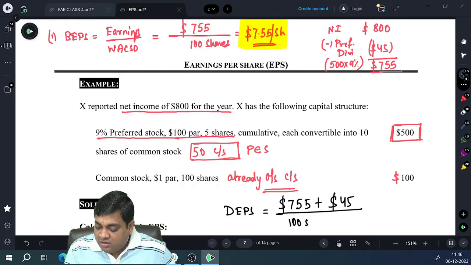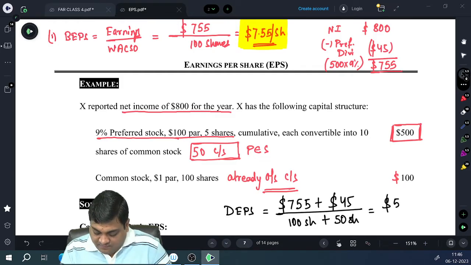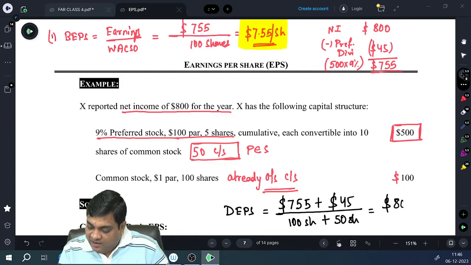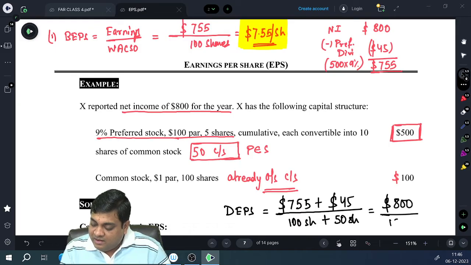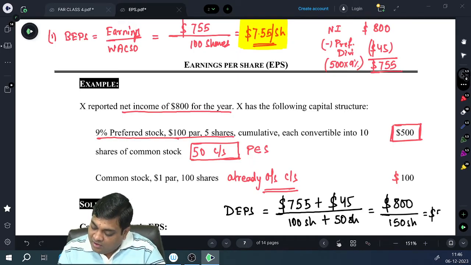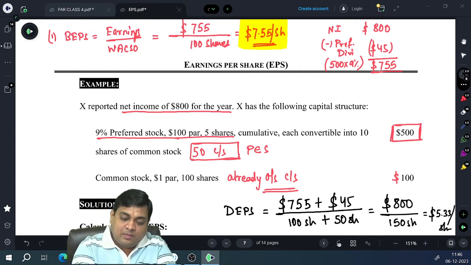Already 100 is outstanding, plus 50 it will be converted. So we have $800 divided by 150 shares. So 800 divided by 150 comes to $5.33 per share. Very simple.